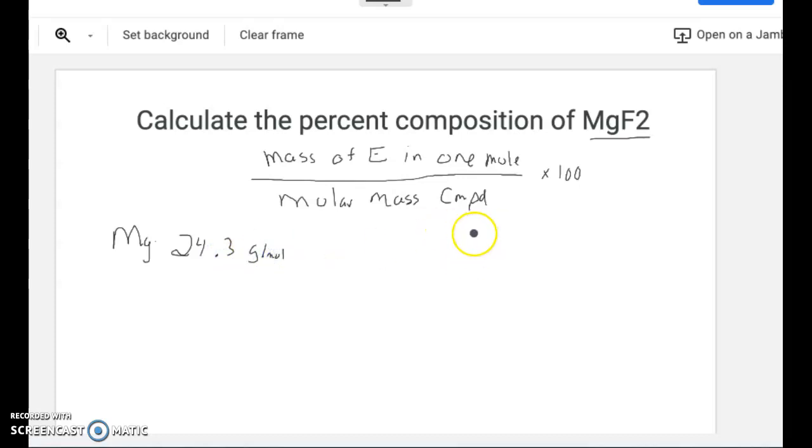And then fluorine has a mass that rounds off to 19.0. But since there's 2 fluorines in the compound, 2 fluoride ions, we're going to multiply that by 2. So 19 times 2, that's going to be 38.